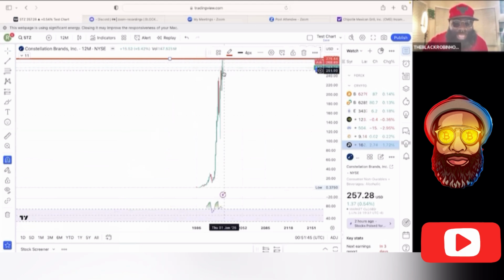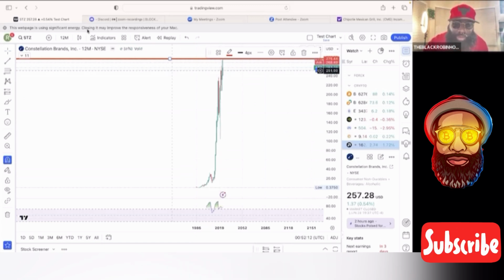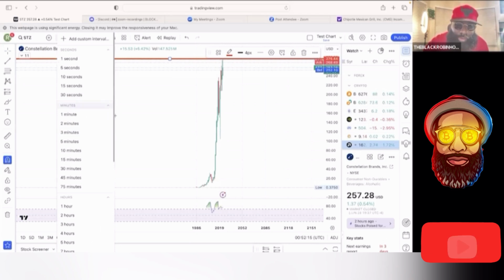But you see how it looks. If you are swing trading or day trading, you don't want to use a 12-month chart to make your decision, right? You can use it to establish where your levels are, but you don't want to use it to get in a trade or get out, because it's way too large of a time frame compared to what you are doing.